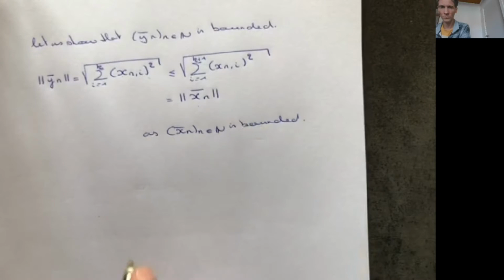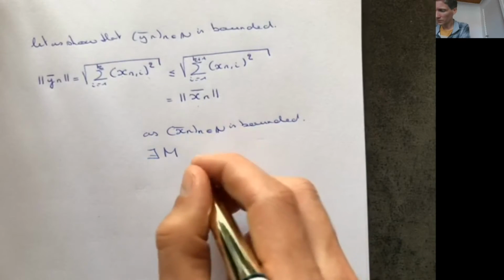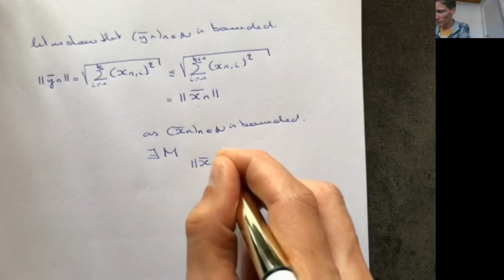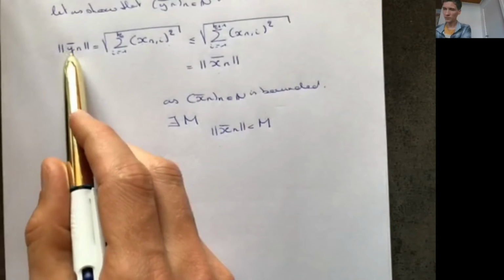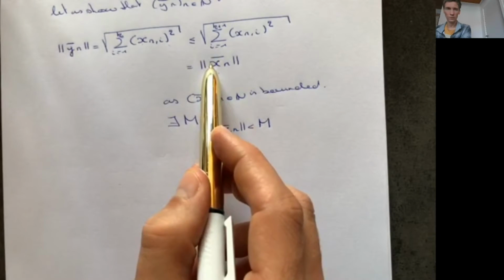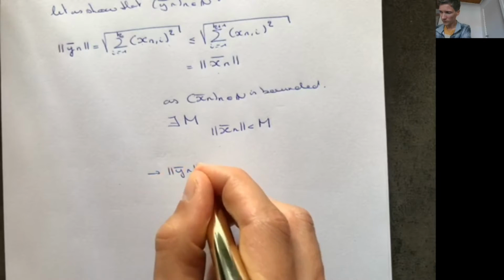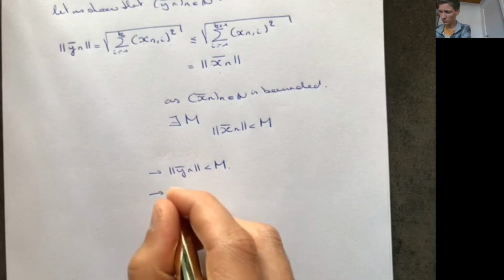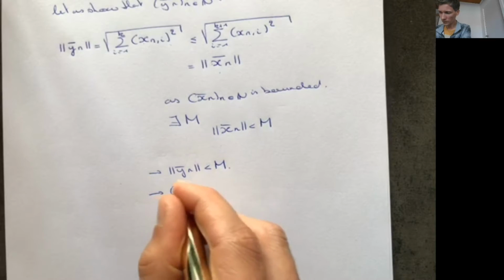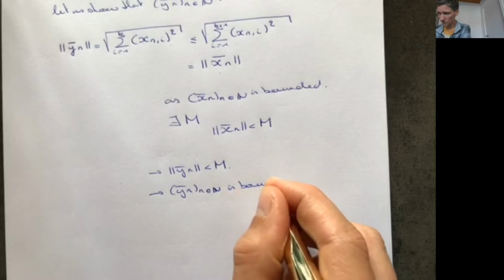As this sequence is bounded, there exists an M such that the norm of xn is smaller than M. And as the norm of yn is smaller than the norm of xn, the norm of yn is also smaller than M, so this sequence yn is also bounded.